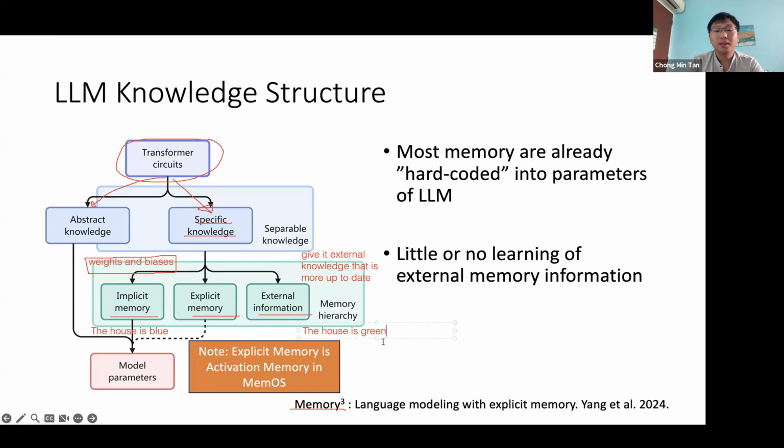There's a paper that studied something like this: if you do post-training on knowledge that is different from your pre-training knowledge, you end up with very uncertain token predictions. This is understandable, because the majority of your time is spent on pre-training. You would think the house is blue, and suddenly given new data that the house is green, it will cause confusion. Similarly, if you give external information to your large language model that is inconsistent with the implicit memory, you might cause confusion as well.